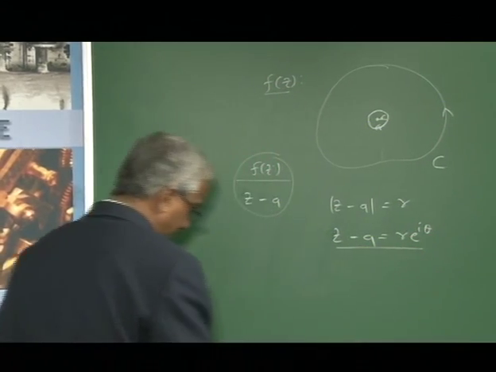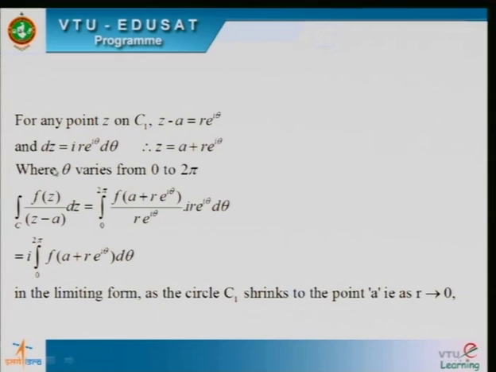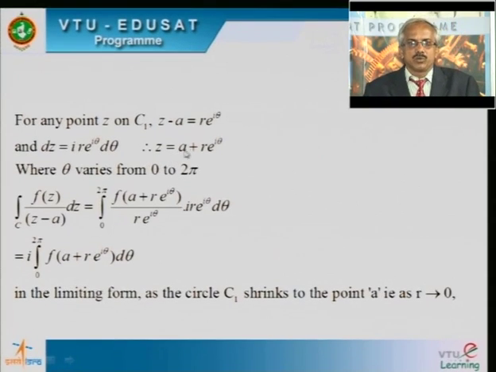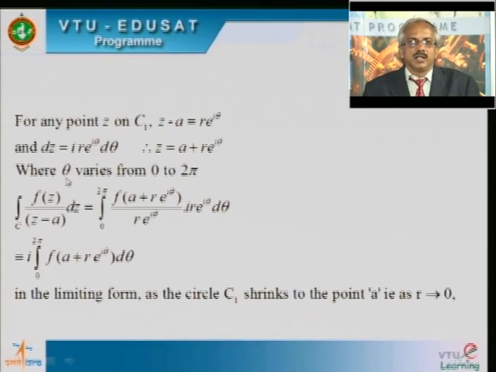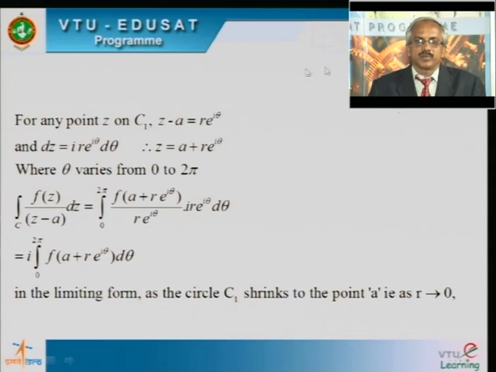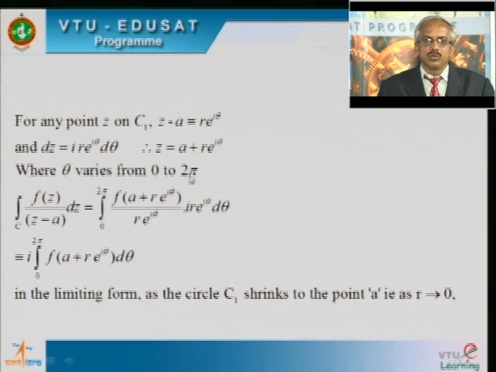Simplifying, dz is equal to i into R into e power i theta d theta, because R is a constant, the smallest radius we have taken, and z is equal to A plus R e power i theta. Now, theta varies from 0 to 2 pi on the curve C1, that is, on the circle C1.